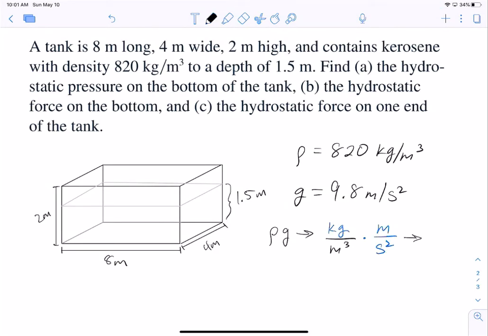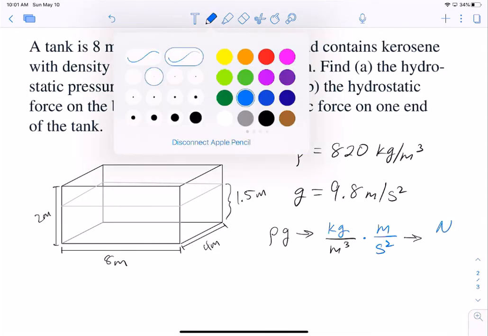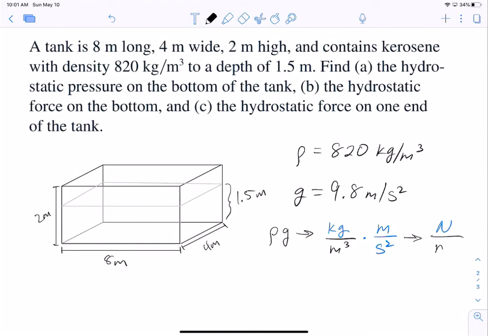But remember that a kilogram meter per second squared, or kilogram times gravity, is a Newton. So at this point we have a Newton per cubic meter. We said that pressure is a force per unit area, so it should be Newton per square meter.